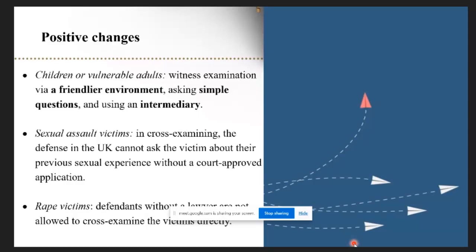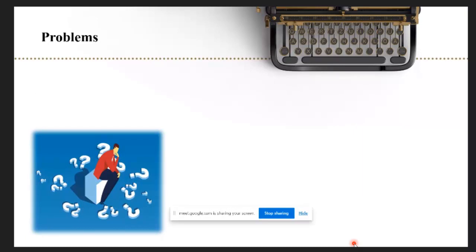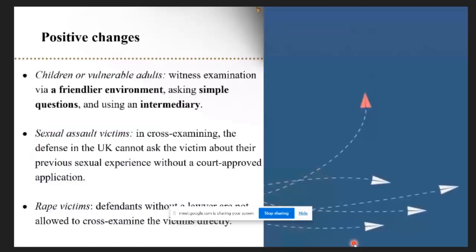In the court, the defendant, I can say the suspect, right? They are standing across from the victims, and they cannot cross-examine them directly because that is unfair. This may cause some psychological effects on the victims.